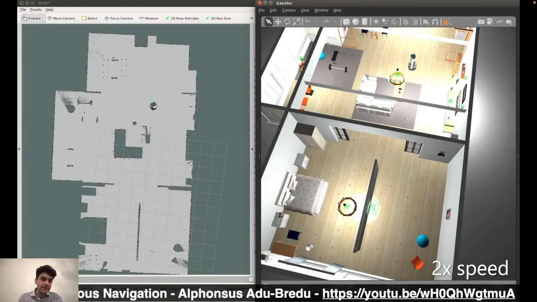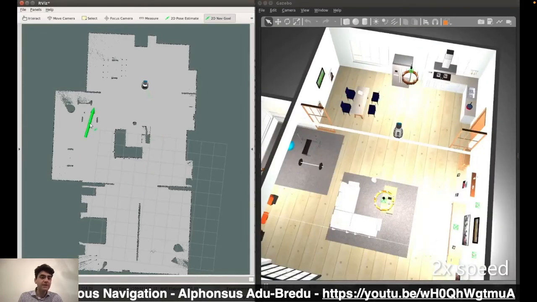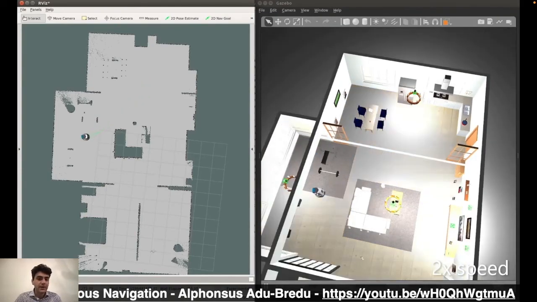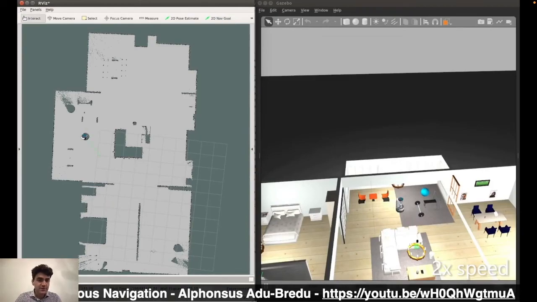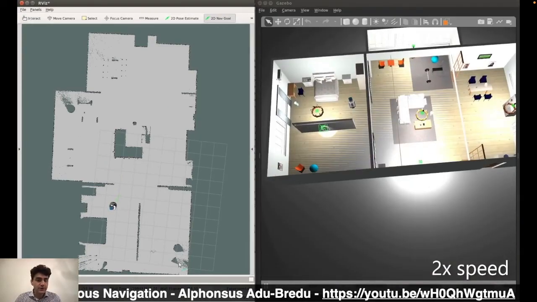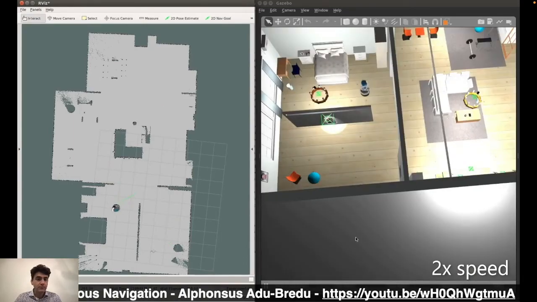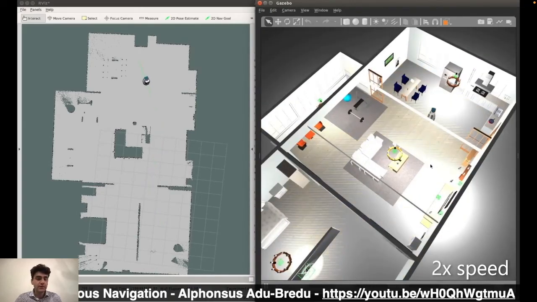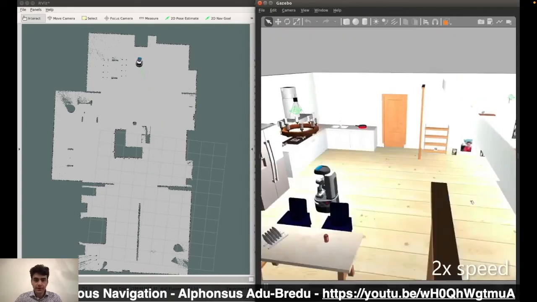So as Alphonsus clicks, the robot then is able to navigate to those desired goal locations using path planning. And so this particular demonstration here is really not too dissimilar to what we're going to be implementing in this course, but simply with the fact that we're going to be assuming that the robot has a known map. So we're not going to be performing the localization and mapping component.